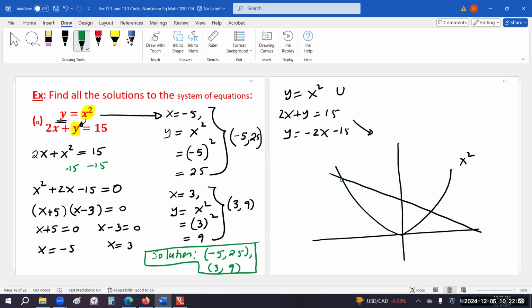The solutions are their intersection. So see, they are intersecting one another twice. This point will be negative 5, positive 25, and this point will be 3, 9. This is what it means. You don't have to draw the graph. I showed you the graph to tell you what solution means.